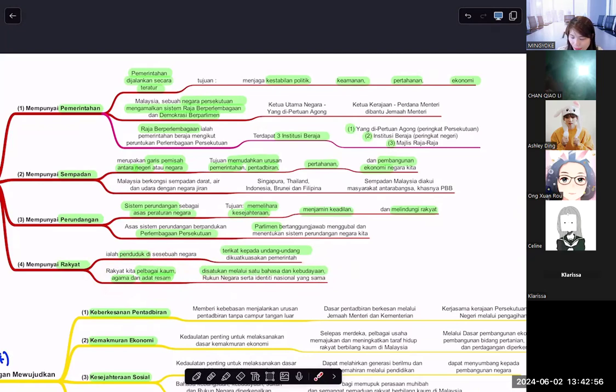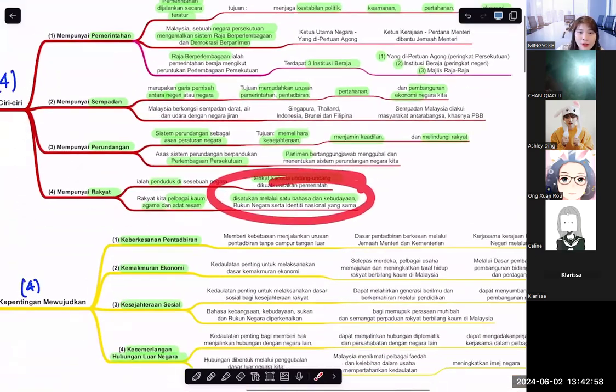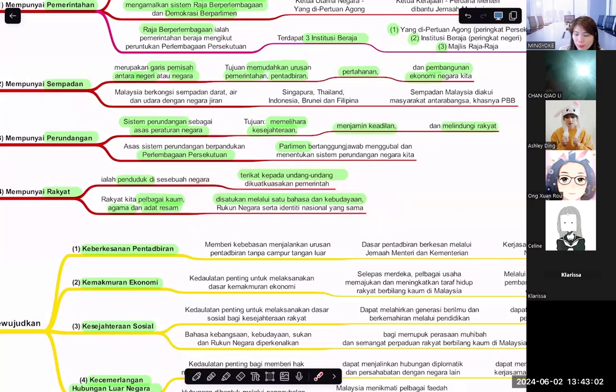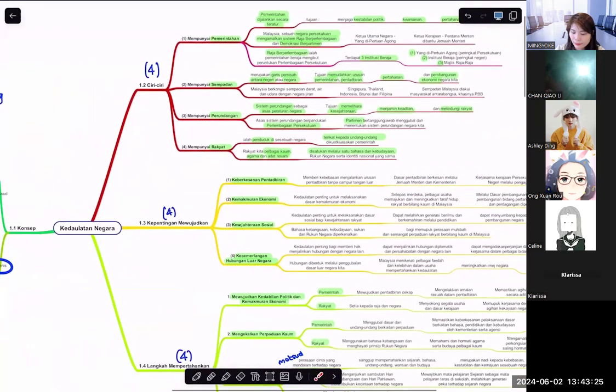Guys, you see, even though I put it as 1 mark, in actual, different meanings are different marks. It's in SPM standard. In SPM standard, satu bahasa dan kebudayaan is 1 mark. Rukun negara is another mark. Identiti nasional yang sama, another mark. Different point. Understand?